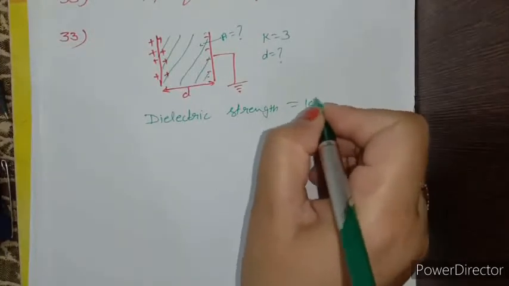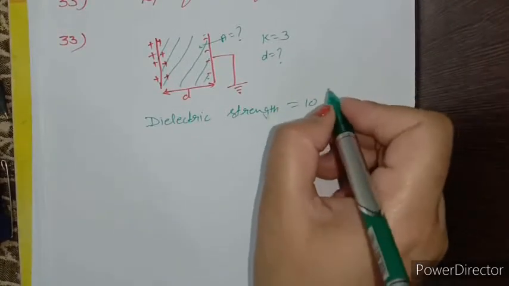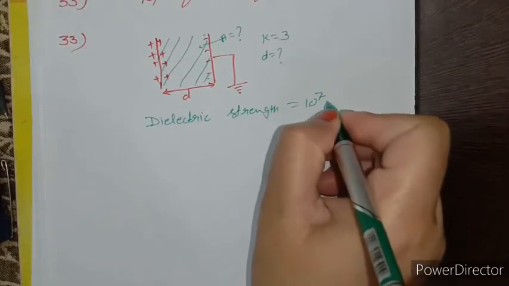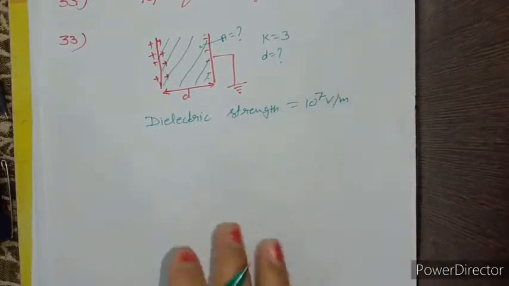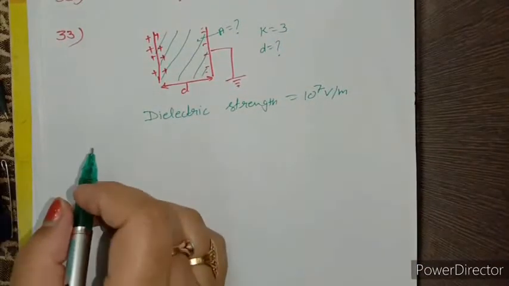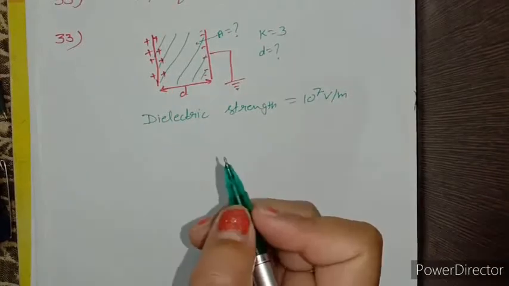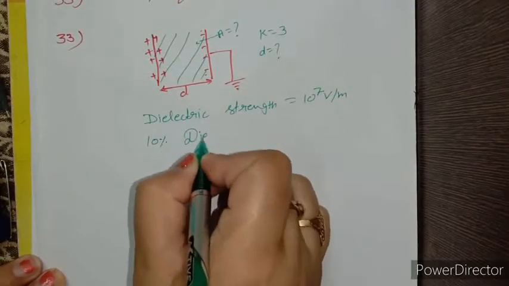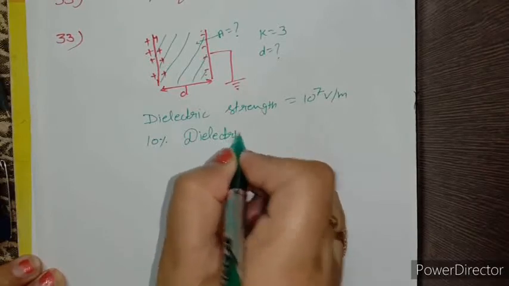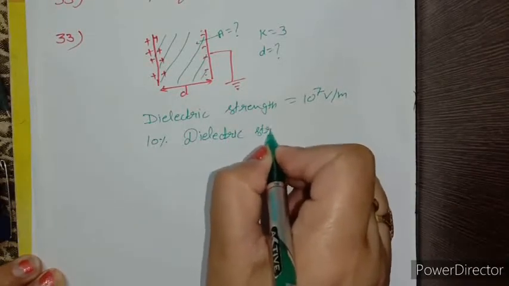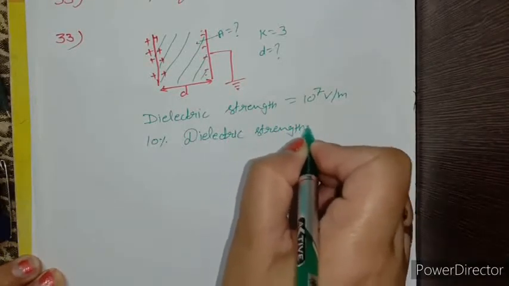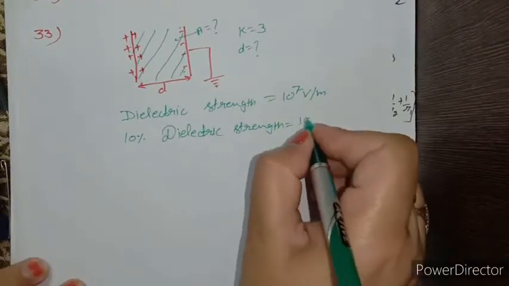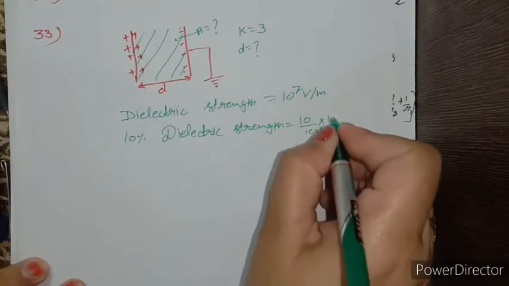Okay, and here the dielectric strength equal to 10 raised to power 7 volt per meter, right? So 10% of dielectric strength equal to 10 divided by 100 into 10 raised to power 7.